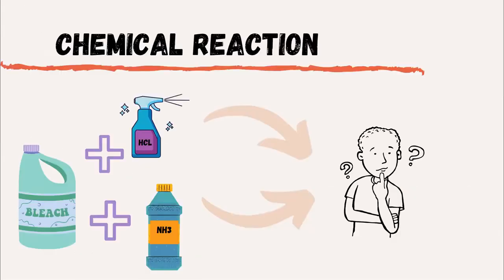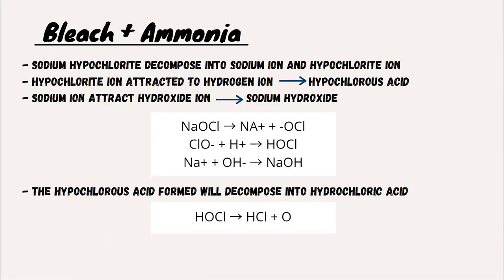Okay, so for the chemical reaction, this is for both the ammonia substance and also the acid substance. So for the bleach and ammonia, the sodium hypochlorite decomposes into sodium ion and hypochlorite ion, which is partial positive and partial negative. The hypochlorite ion is attracted to the hydrogen ion and they will form the hypochlorous acid.